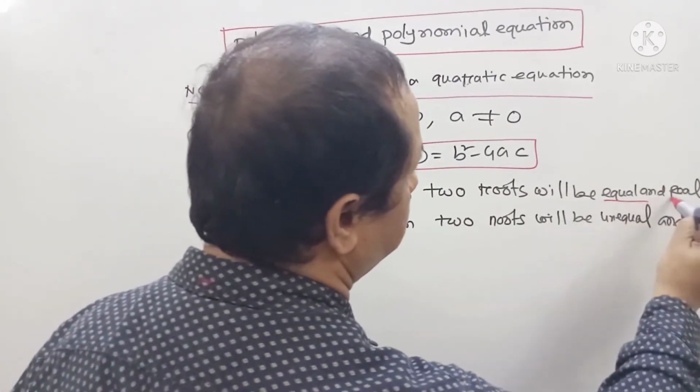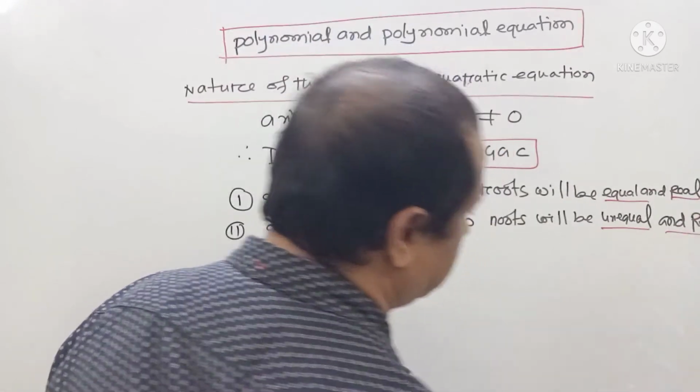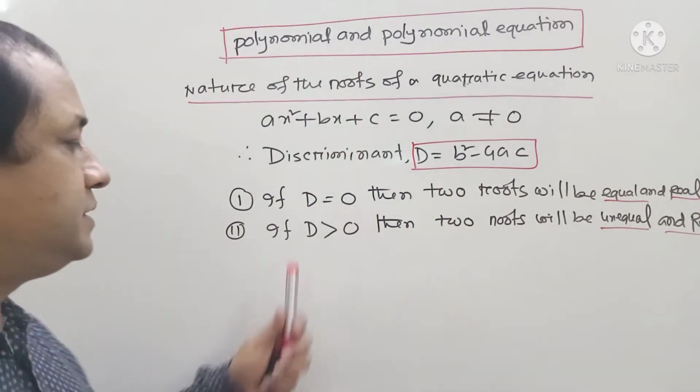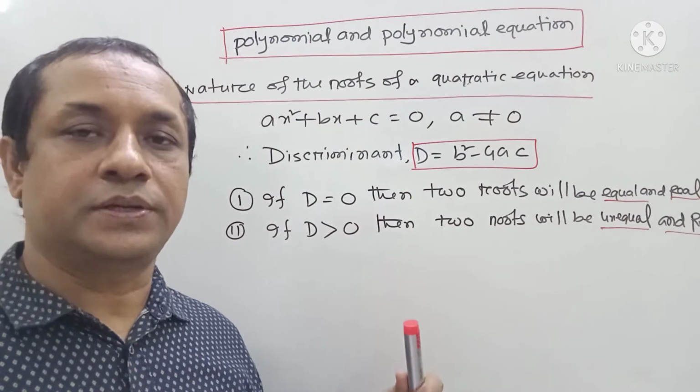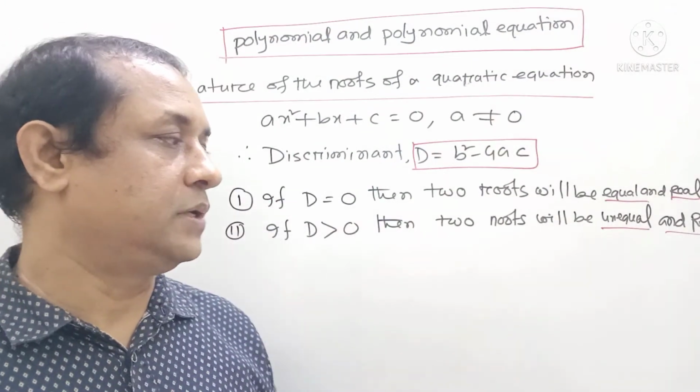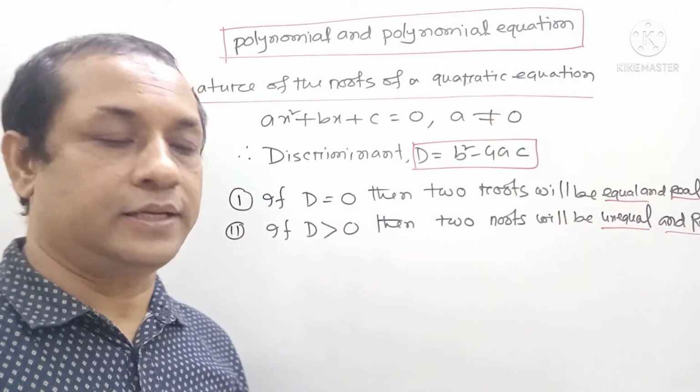Student, it is important, unequal and real. If the discriminant is positive, the two roots will be unequal and real.